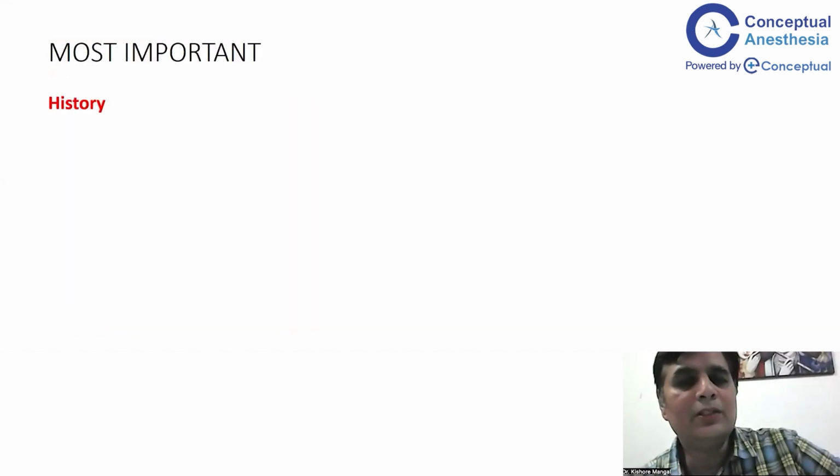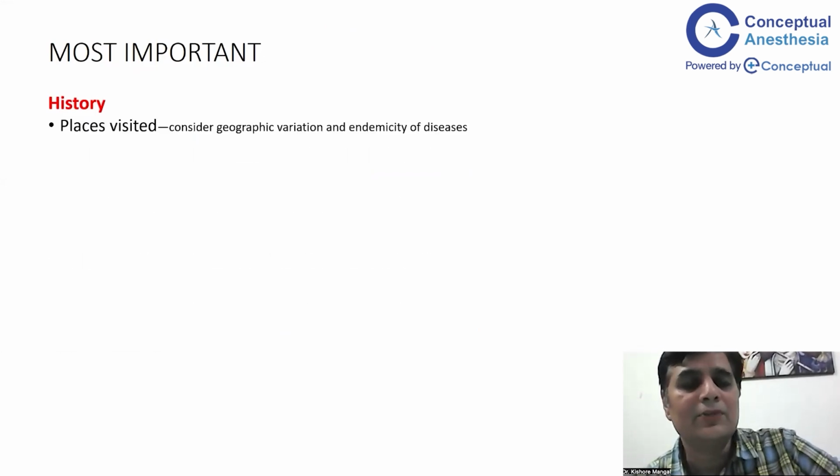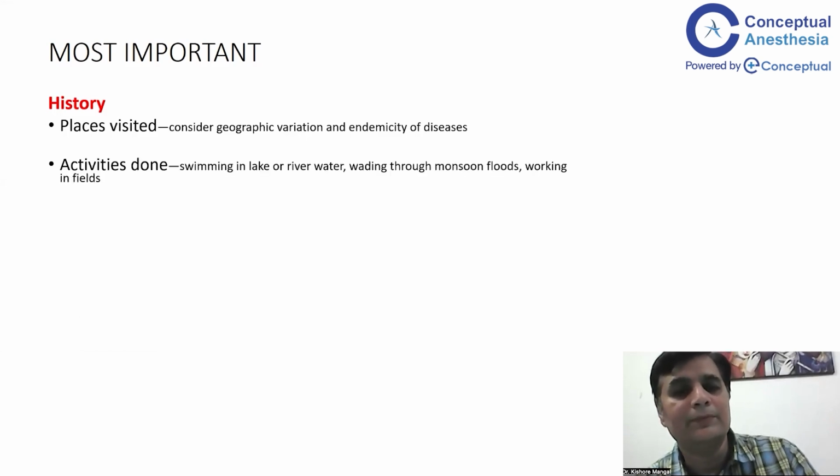Coming to the important part of management, first is history, which is very important. You must take a history of whether the patient has gone outside or not, because geographical variations and endemicity of diseases exist. There are places where some infections are more prevalent, and places where other infections are more prevalent.